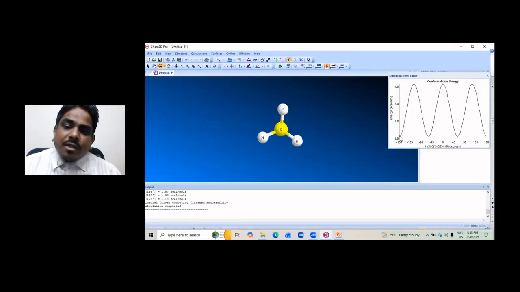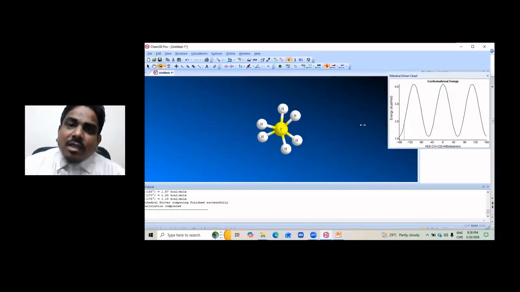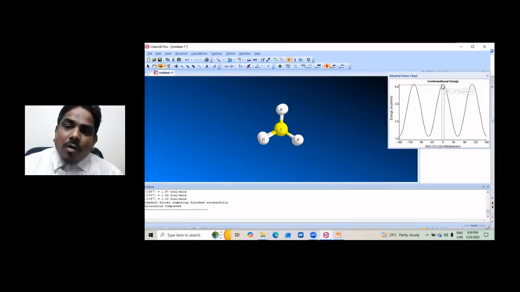At 180 degrees, the staggered conformation. So with rotation, or change in dihedral angle, the energy of the molecule changes. At different dihedral angles, the molecule shows different types of electronic and steric interactions that lead to a change in energy. So I observed that the energy of the eclipse conformation is higher than the energy of the staggered conformation.